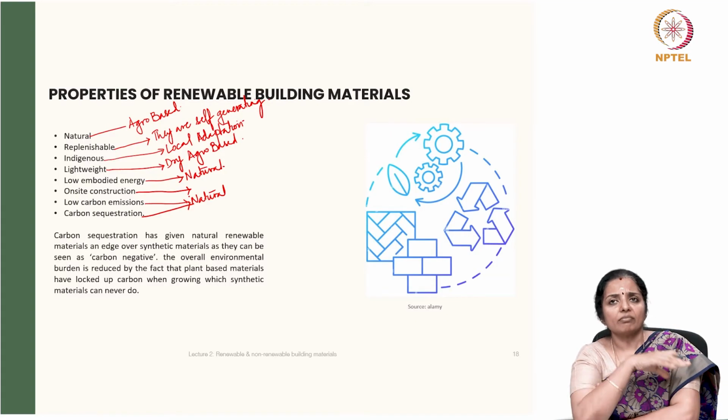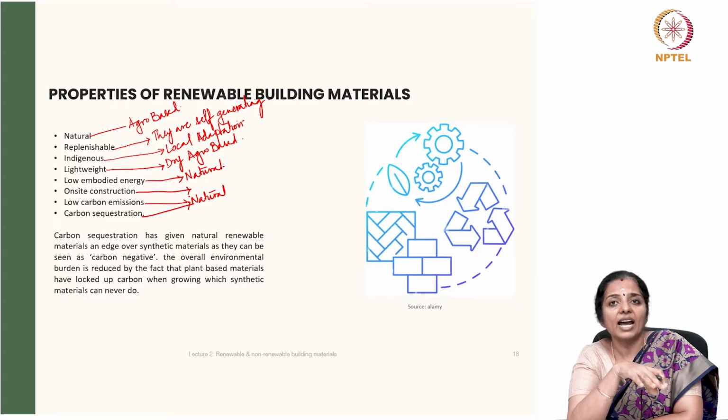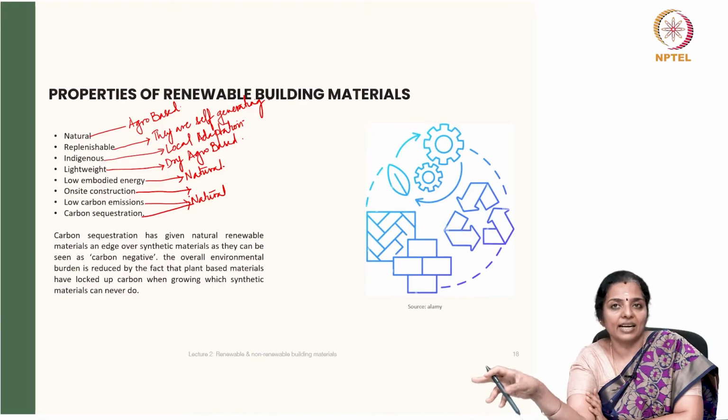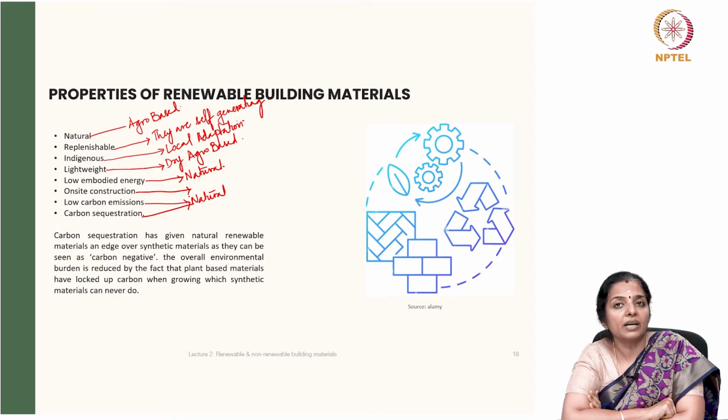So, carbon sequestration has given natural renewable materials an edge over synthetic materials as they can be seen as carbon negative. The overall environmental burden is reduced by the fact that plant-based materials have locked up carbon when growing, which synthetic materials can never do.